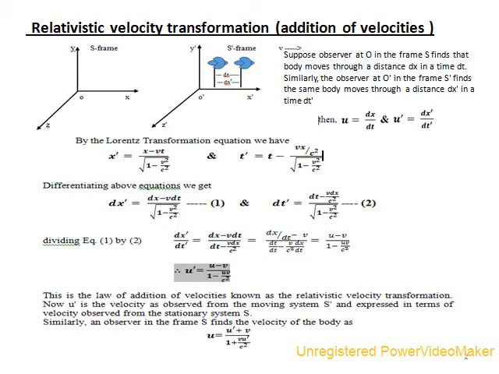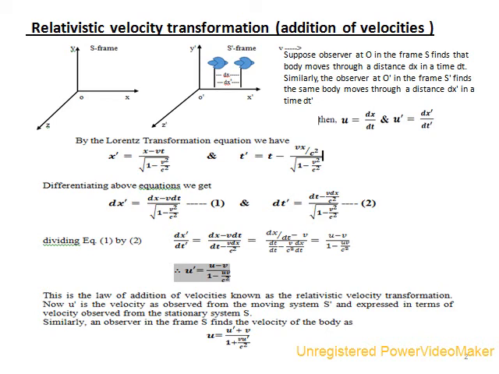Consider an object like an aeroplane moving along the positive x-axis direction in the frame S dash. Suppose the observer O in the frame S finds that the body moves through a distance dx in a time dt, and similarly the observer O dash in the frame S dash finds the same body moves through a distance dx dash in a time dt dash.